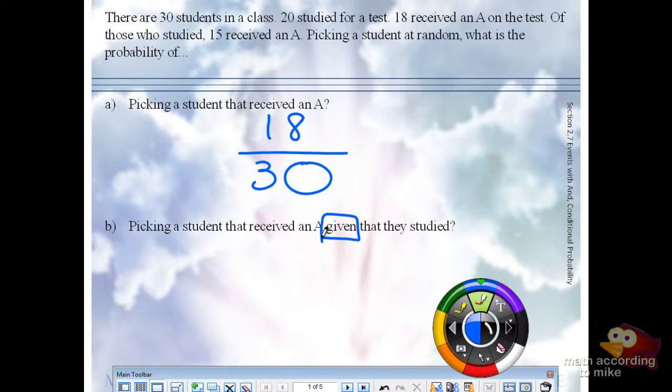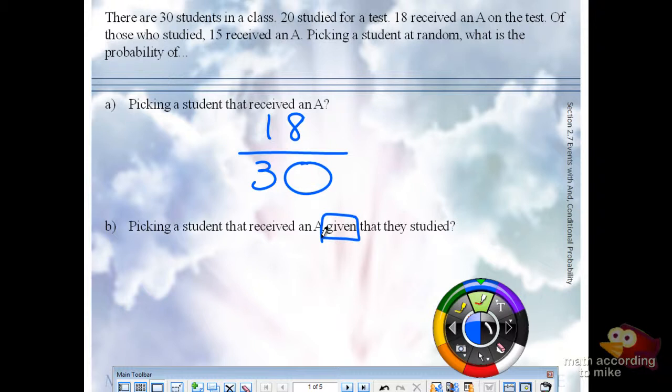Whenever you see the word given, instead of looking at the entire sample space, in this case all 30 students, you are now only referring to the ones that satisfy that condition, in this case, the ones that have studied. My great suggestion to you is start with the denominator first.